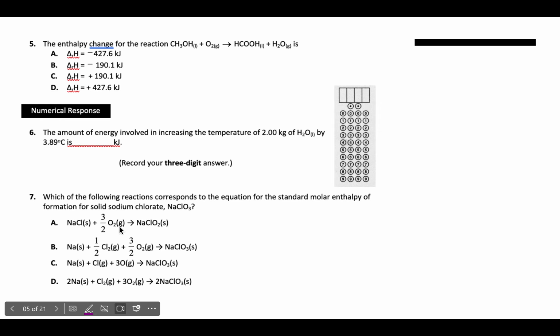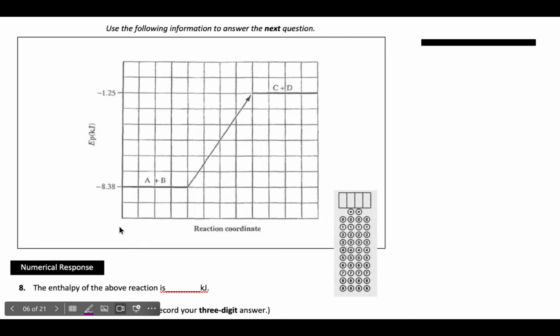Okay, number 5 here, asking the enthalpy change for the reaction given. Because this is not in your data booklet for the enthalpy of the reaction, we have to use Hess's law. So delta H of your reaction is going to equal the sum of all the products minus the reactants.